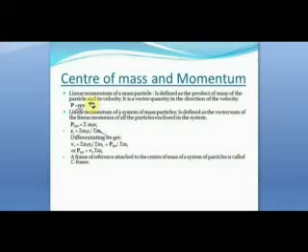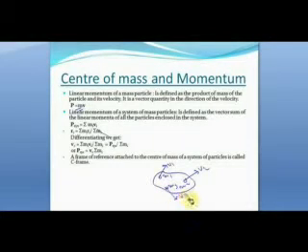Now the linear momentum of a system of mass particles is defined as the vector sum of the linear momenta of all the particles enclosed in the system. So suppose we have a system of particles here, with particles m1, m2 and m3. The velocity of m1 is v1, that of m2 is v2 and that of m3 is v3.